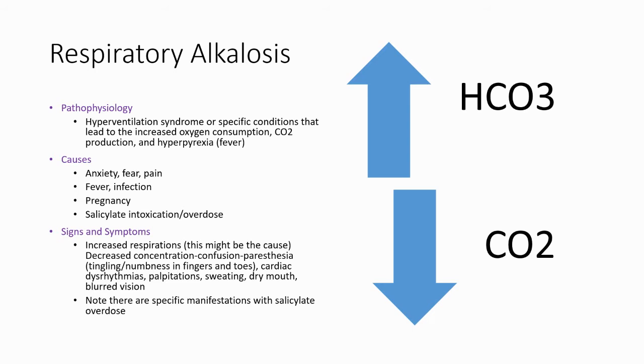We once again see cardiac dysrhythmias, and they may even feel them by feeling palpitations in their chest. And they'll become real sweaty and at the same time get a dry mouth as that parasympathetic side of the nervous system starts to work in overdrive, and blurred vision.